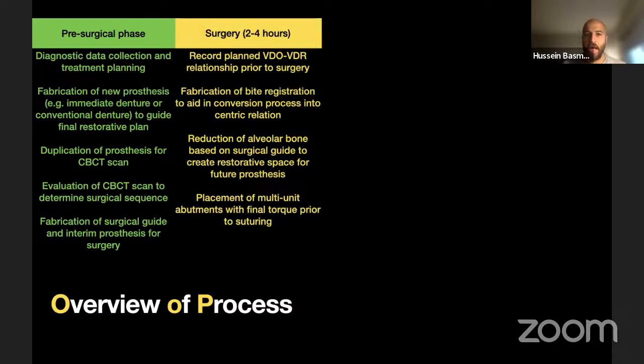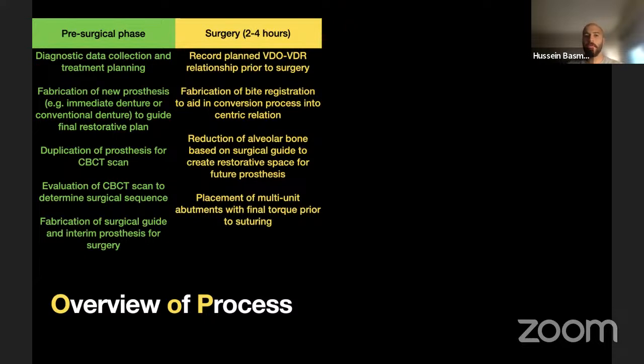Whenever we're doing implant placement, we have to respect the biology. We also have to respect the prosthetic considerations, that guide we already created in the pre-surgical treatment plan, which is going to guide us where the implant is going to go and how much reduction of bone we are going to make.